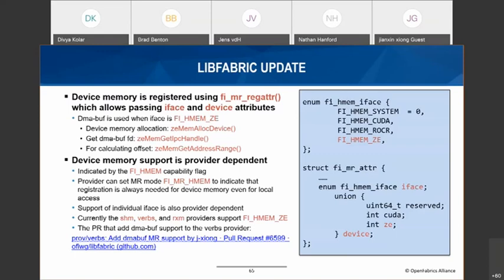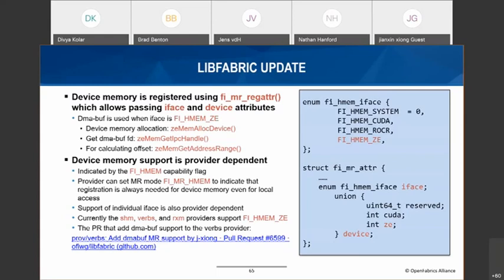Device memory support is provider dependent, and there are a few mechanisms to tell the application if the provider actually supports this mechanism. There's a pull request to libfabric, which has been merged as of today.